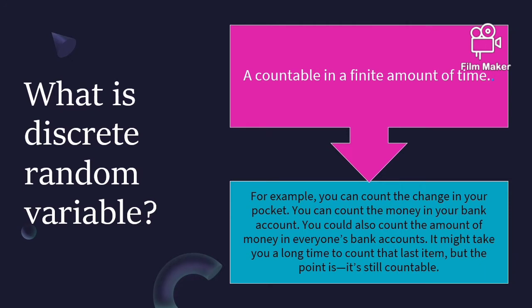For example, you can count the change in your pocket. You can count the money in your bank account. You could also count the amount of money in everyone's bank account. It might take a long time to count that last item, but the point is, it's still countable.